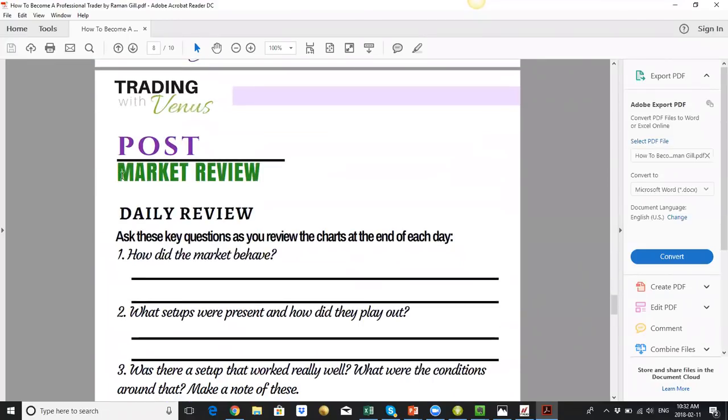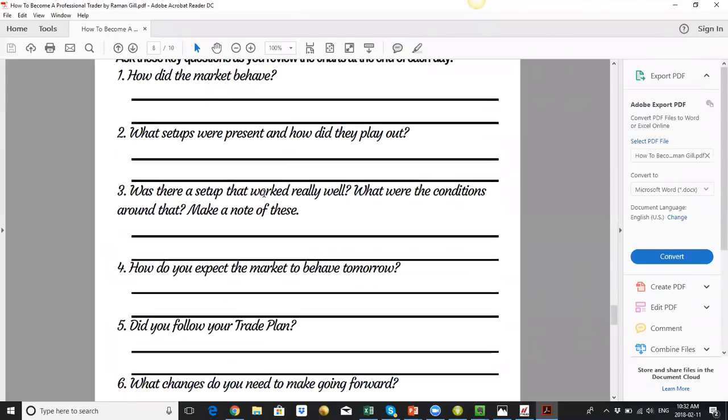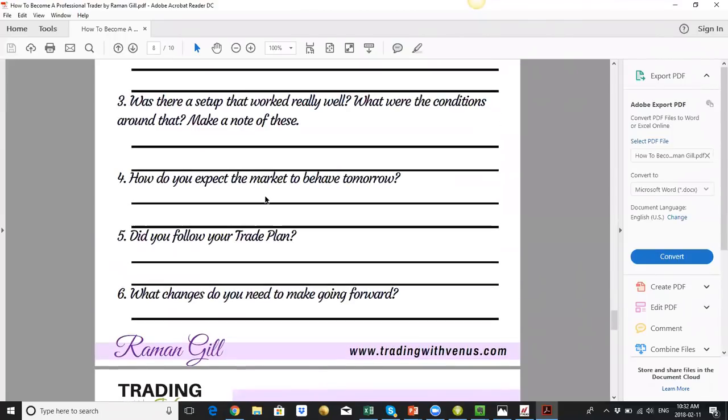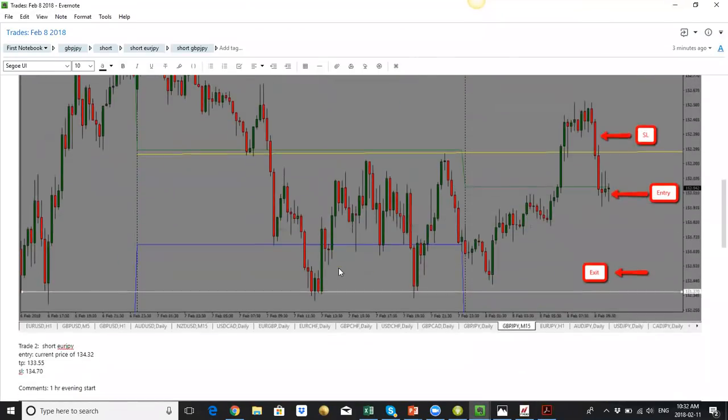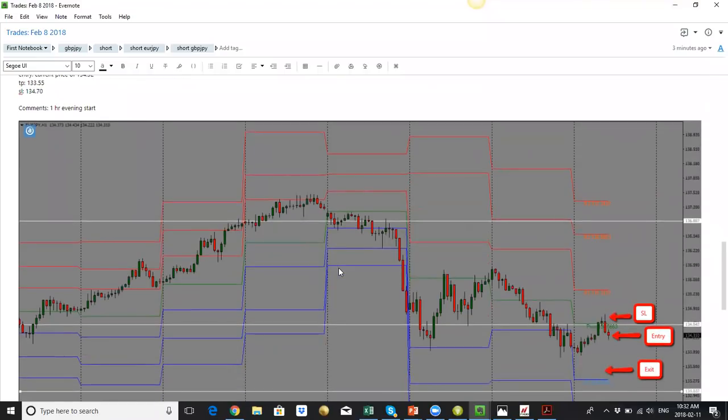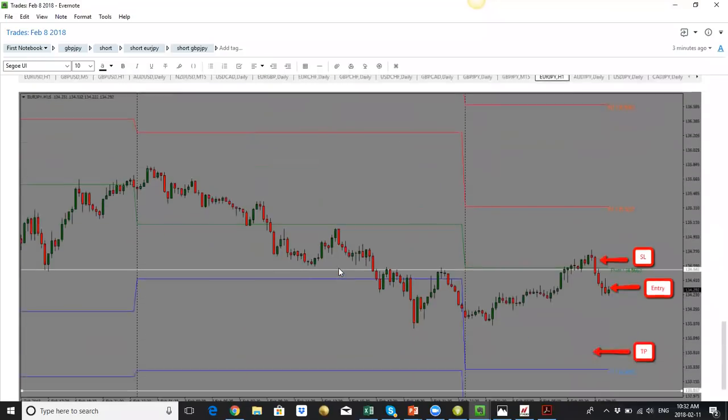And one thing that I would say I failed on was market review. I did not do the market review like I intended to. So I got 0 marks for that. In my trade journal here, you will see my entries and comments, but I don't have a review in here.